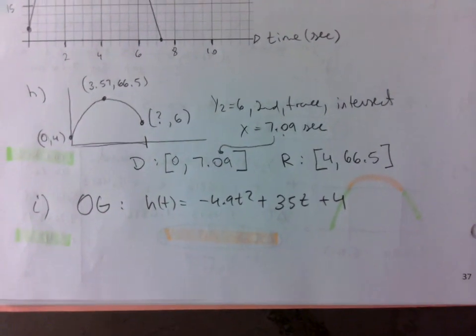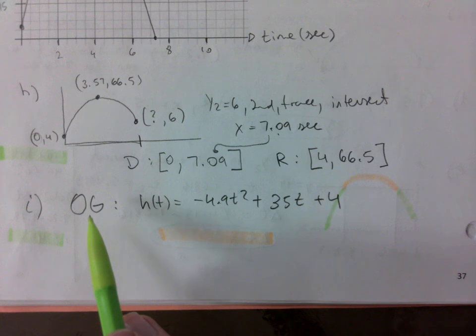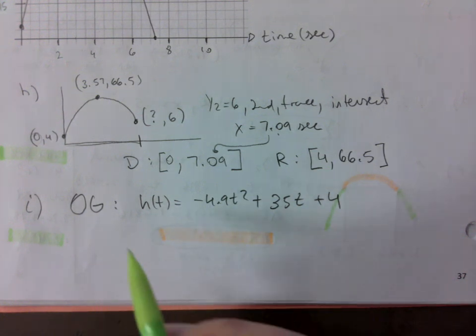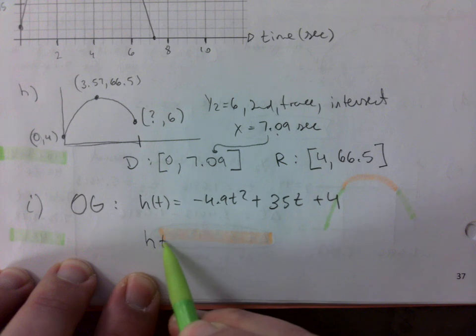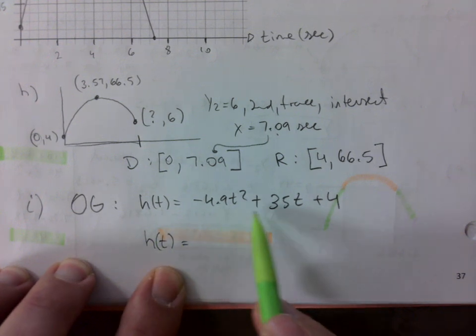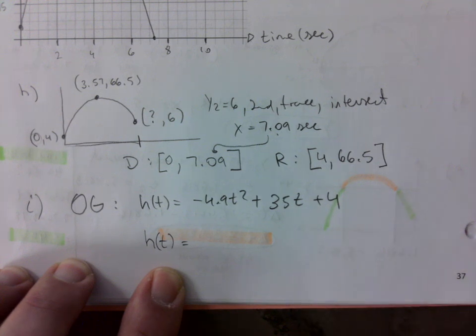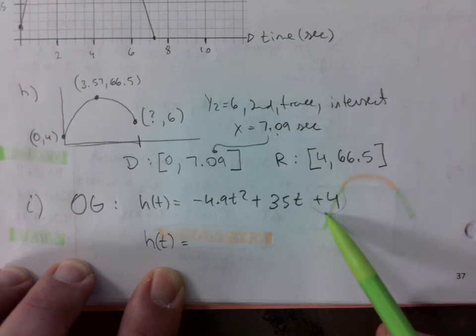Sorry, you can't see that down here. The OG, the original formula, looks like this. If I ask you, how could you rewrite this one to model the path of a ball that's lower, that doesn't fly as high? Use a lower C value? That's what I would do. Lower C value. Yes.